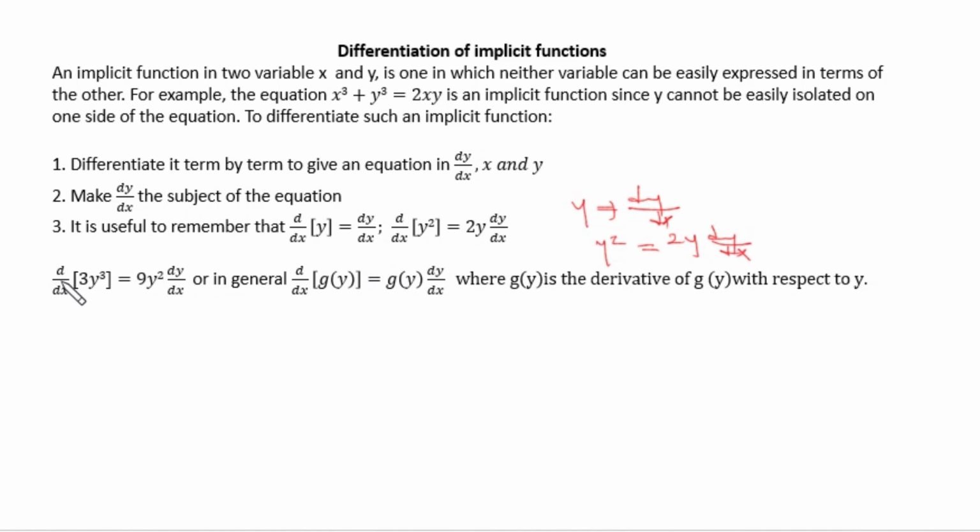You should also know that when differentiating 3y cubed, it becomes 3 times 3 is 9, and then subtract the power by 1, it gives you 9y squared, and then you write again your dy dx. So you must follow these rules in order to differentiate implicit functions.